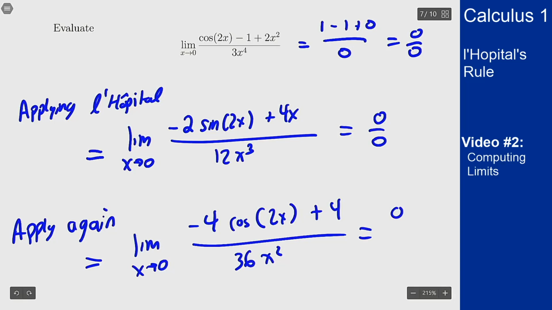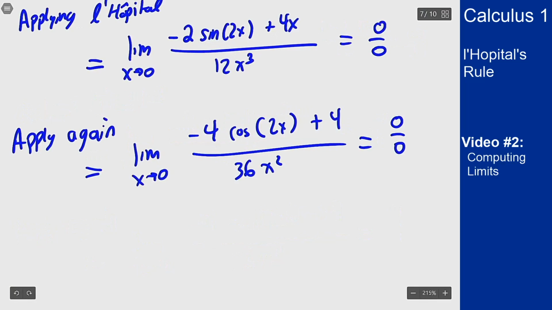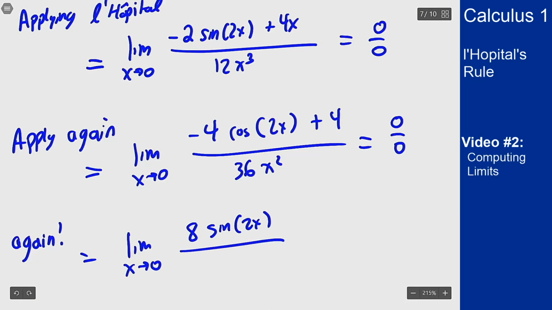Plug in again, still 0 over 0. The cosine goes to 1, so I get 0 over 0. Keep going. The limit as x goes to 0. Now I'm at a positive 8 sine of 2x over 72x, which is again 0 over 0.